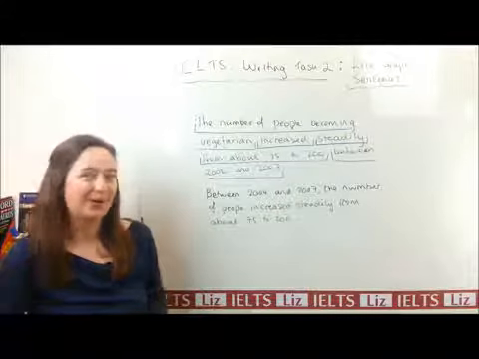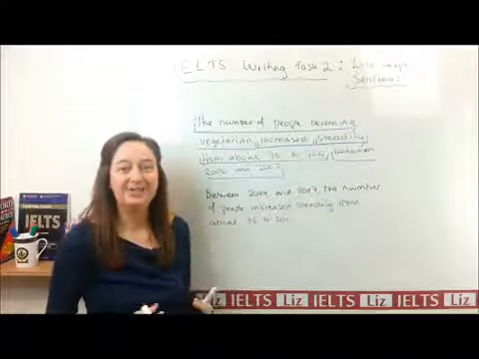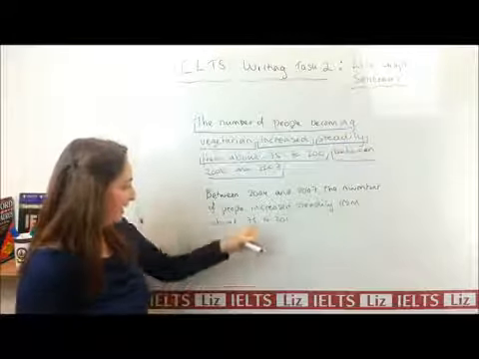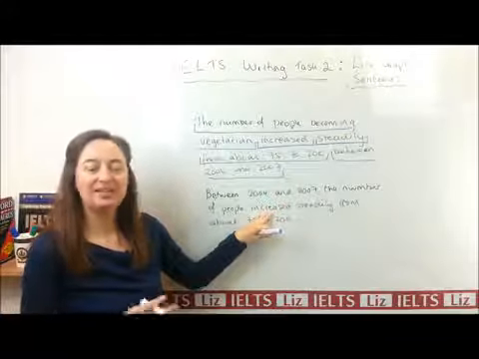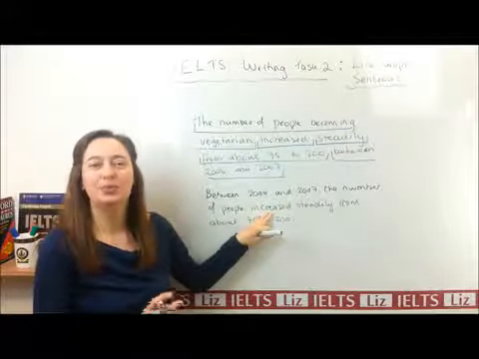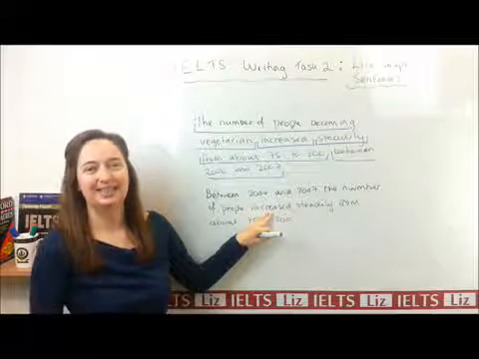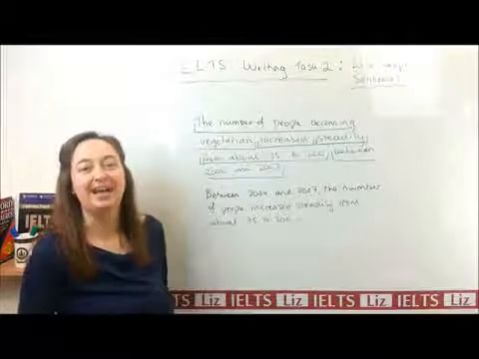Now, there are more ways. Let's have a look at another way. The next way I'm going to show you to change that is, can you see this word here, increased? Now, that's a verb, but we could also use it as a noun, an increase. So I'm going to write a sentence using this word as a noun.